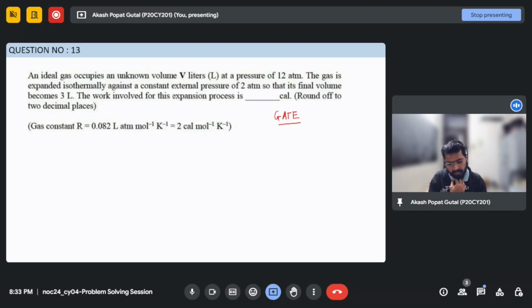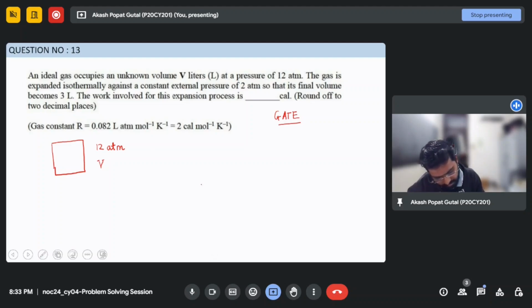Okay, fine. We will solve this. So the ideal gas occupies an unknown volume V liters at a pressure of 12 atm. It will occupy V liters of volume, and the gas is expanded isothermally against the constant external pressure.